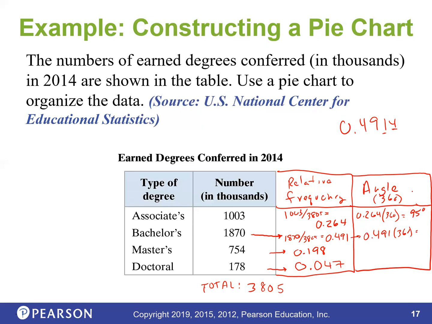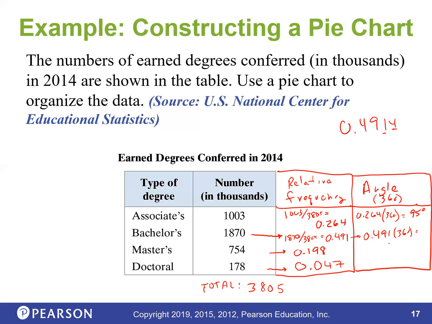All right, give me the next one. Let's see. Sorry, Kimberly, where are you? Okay. You got a calculator? Yeah, okay. So 0.491 times 360 to the nearest degree. Right there, everybody agree? 176? Kimberly, what does it say? 176.7.